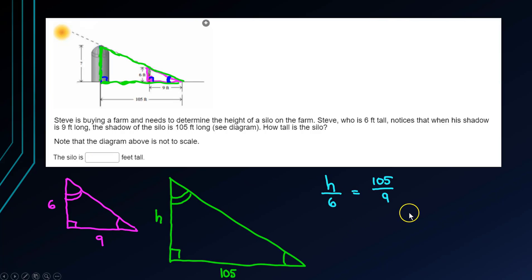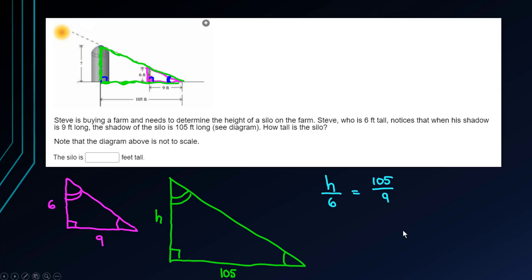Now, going from 6 to 9, it's not as easily done with integer multiplication because no integer would work. Multiplying a number to get to 9 from 6 may be something you would struggle with because it would involve fractions at that point.